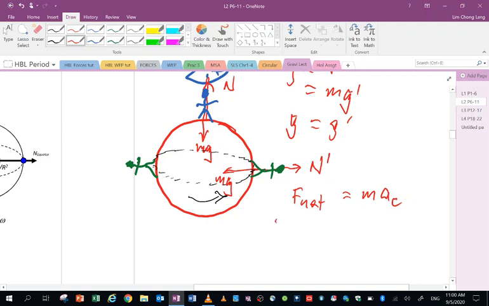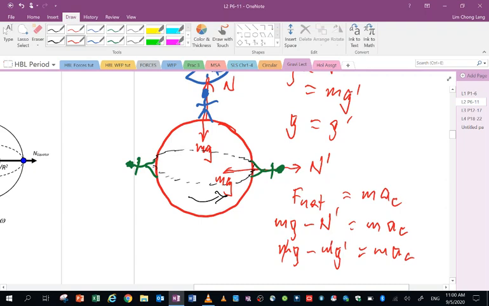The net force is given by the true weight minus the apparent weight, equals m r omega squared, or you can simply call it m a_c. So let me write again: mg minus mg prime equals m a_c.